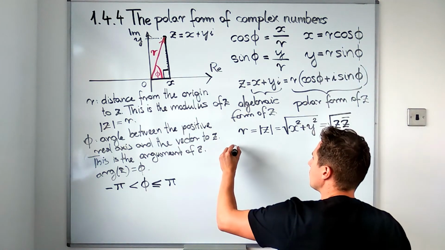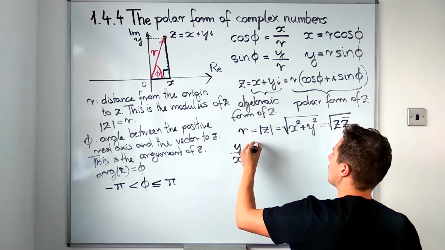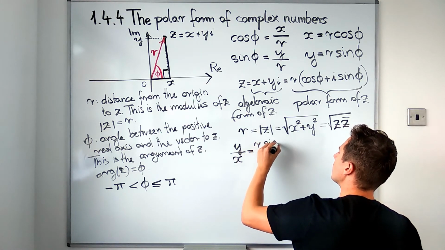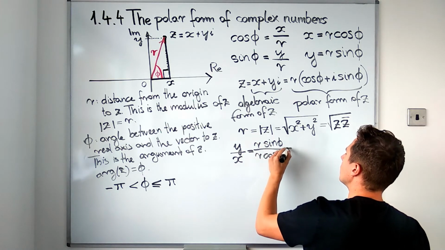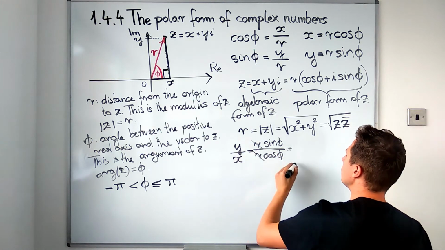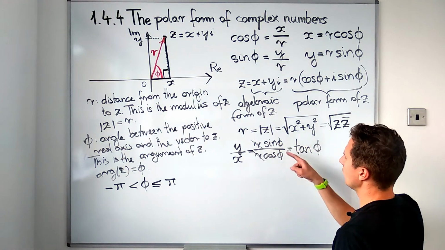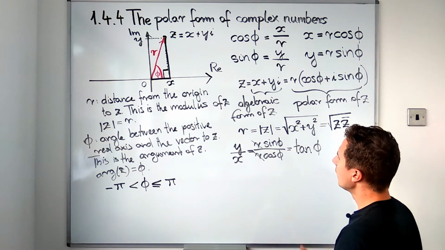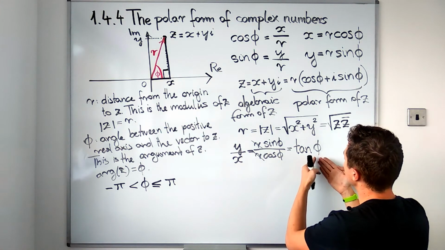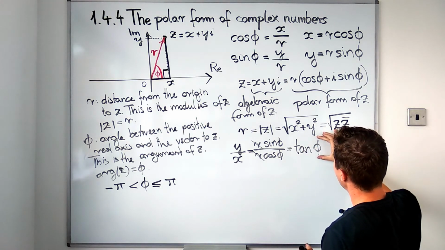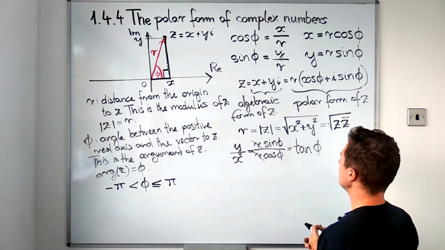If we do that, what we'll get is y divided by x equals r times the sine of phi divided by r times the cosine of phi, which is, well, r cancels, and we are left with the tangent of phi, that is the sine of phi divided by the cosine of phi. So if we could invert this relation and obtain phi from it, then we would have a nice formula for the angle as well.